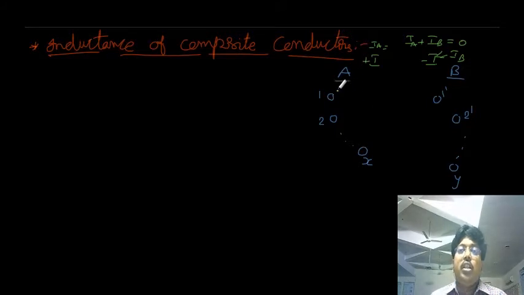That is, conductor A acts as a go conductor, the live conductor, and conductor B acts as the return conductor.